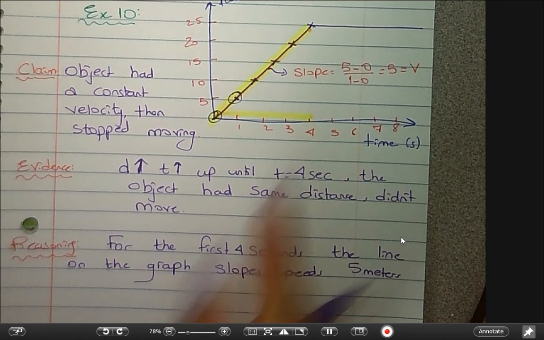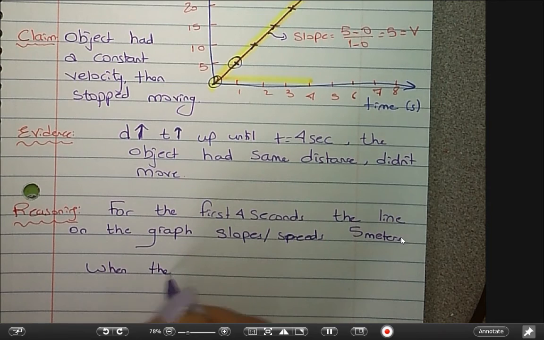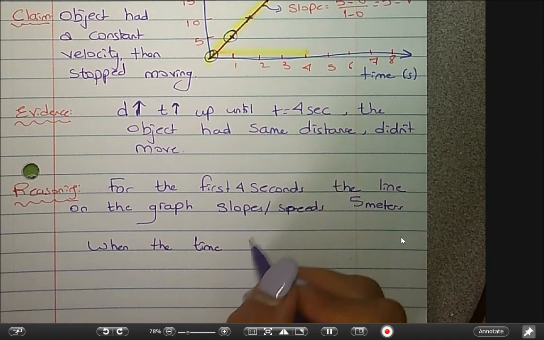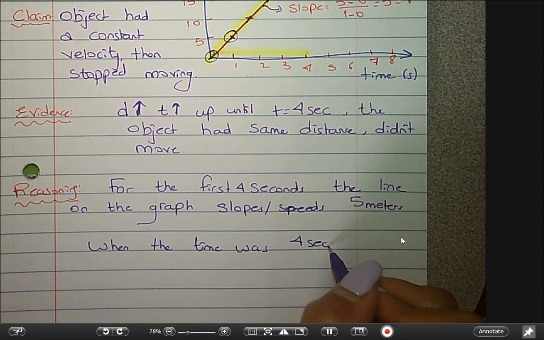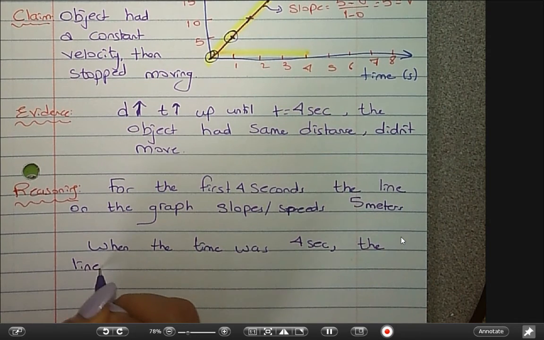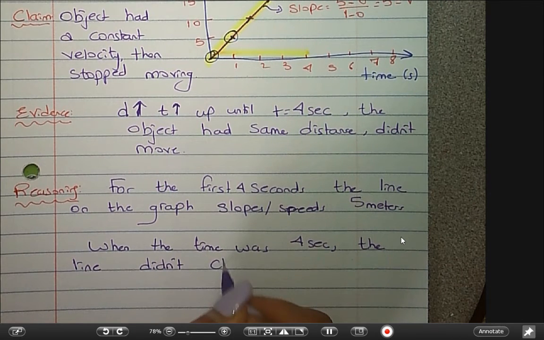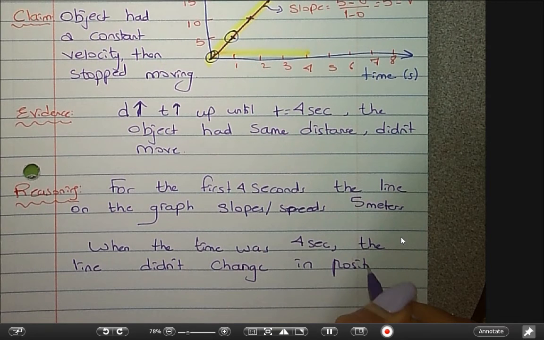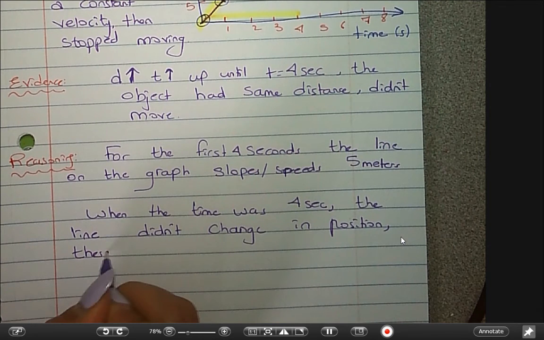And then when the time was 4 seconds, the line didn't change in position. So when you don't change in position, that means there is no motion.